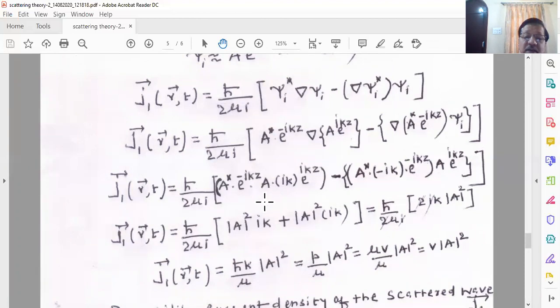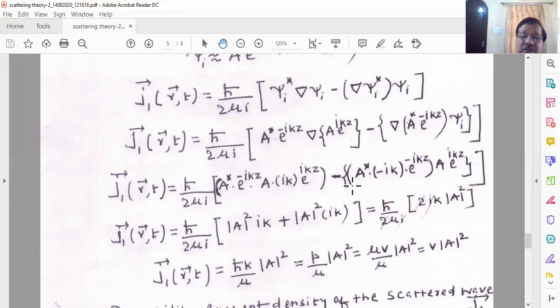Then we have e to the power of minus ikz and e to the power of plus ikz. They cancel, it becomes e to the power of 0, which is 1, and the ik factor remains as it is. I hope you understand this step.